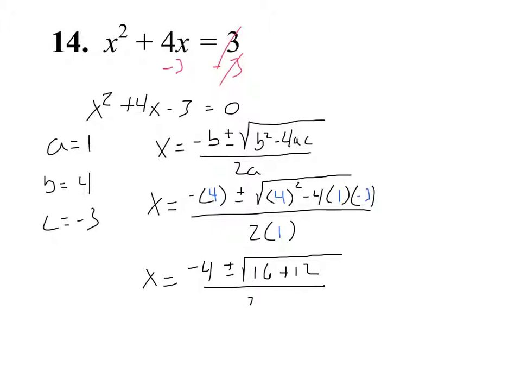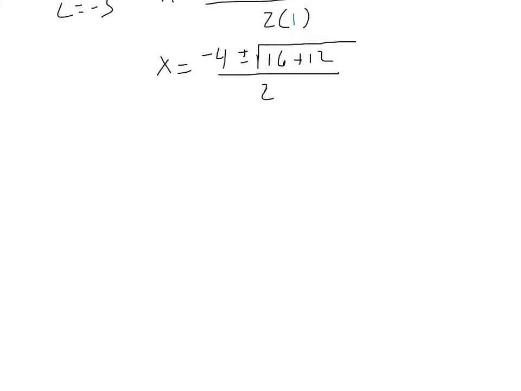Over 2 times 1. All right. So, we have to simplify that down yet. So, 16 plus 12 is 28 over 2.